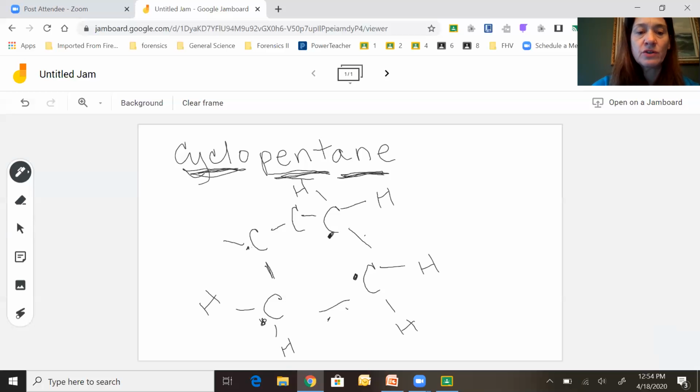Has 2, needs 2. Remember, every carbon has 4 valence electrons, needs 4 bonds. So what's the chemical or molecular formula? Well, we know C5, H, 1, 2, 3, 4, 5, 6, 7, 8. Oh, we forgot this one. There we go. So C5H10.